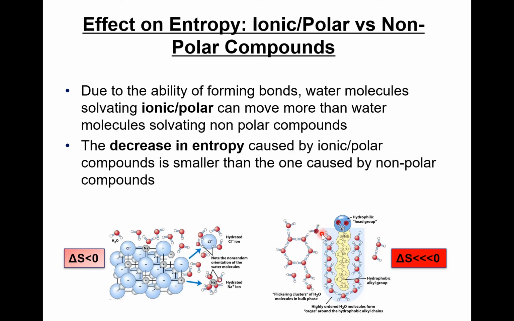And therefore, these molecules are more constrained in this case compared to when it comes to a polar or ionic compound. Therefore, the impact on the entropy of non-polar molecules is much higher compared to the one of polar and ionic molecules. So the decrease in entropy with non-polar molecules is much higher than the one caused by polar or ionic compounds.